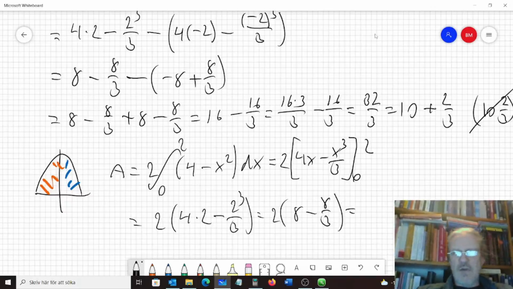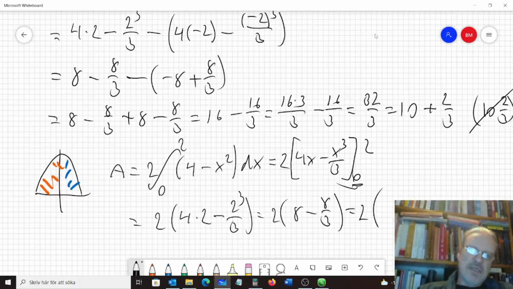We can write that all as thirds, so that will be 2 times, and of course I forgot to say, if I plug the 0 into this, that would be 0, so technically speaking we have a minus 0 here that we don't need to care about.